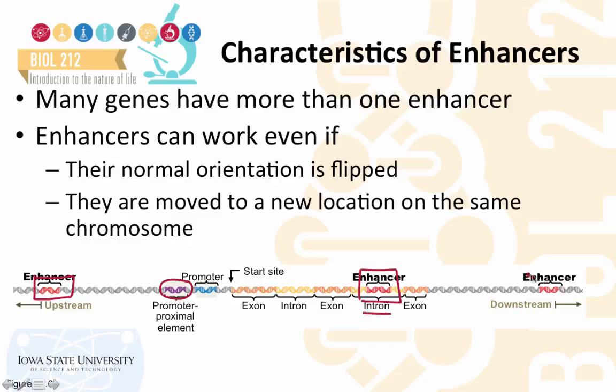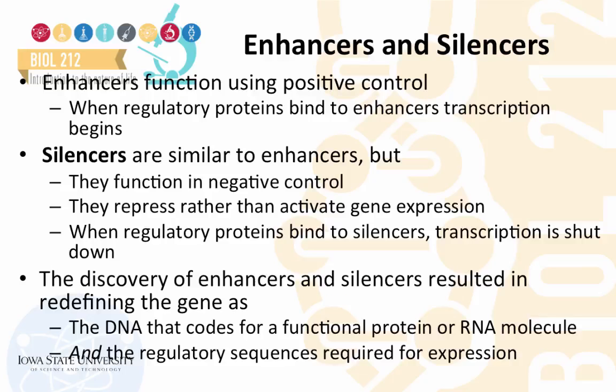And we also have a third sequence that regulates the same gene that is present downstream of the gene. If we were to cut any of these enhancers out and change their location within the same chromosome, they would still be able to regulate the expression of this gene.